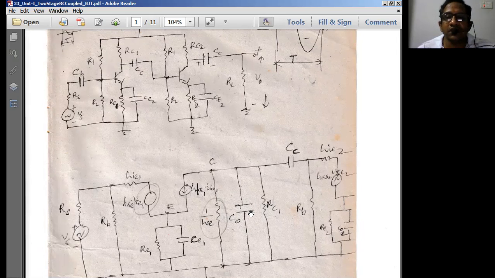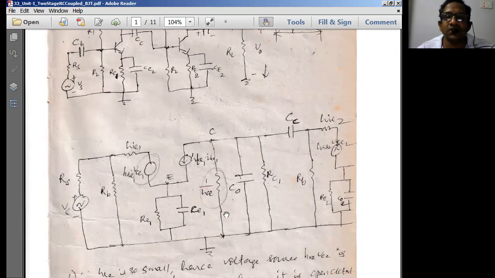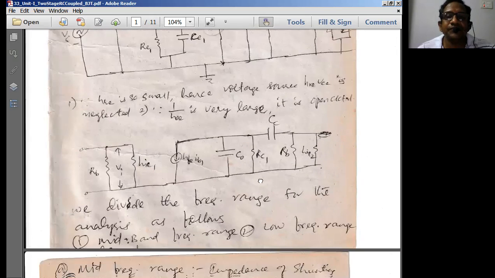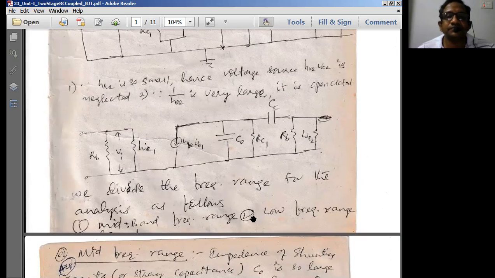We have not connected this C naught, but C naught is an effect which normally exists in the amplifier circuit diagram. It is something like HIE: you are not connecting HIE, and we have not connected HFE IB1. They are simply internal effects represented using the H parameters. Similarly, C naught is the stray capacitance effect, which is also considered here for the analysis purpose.